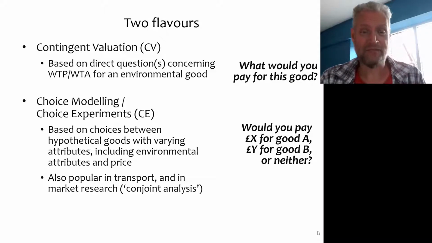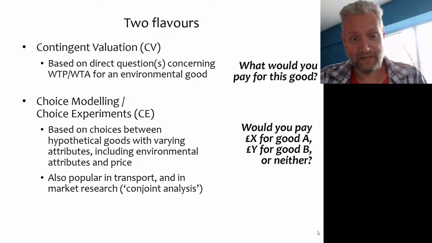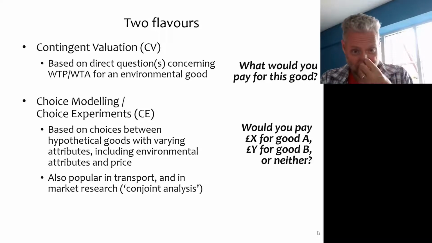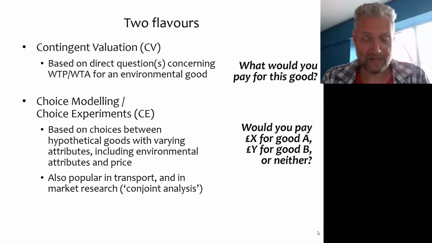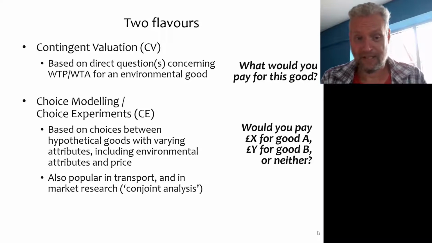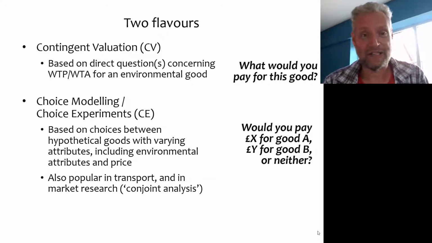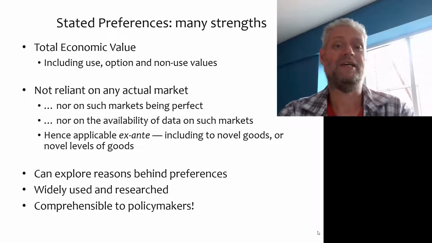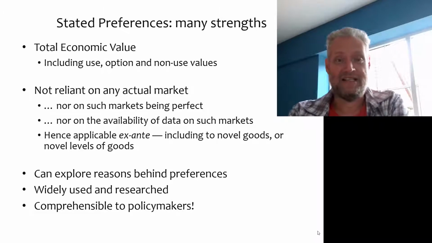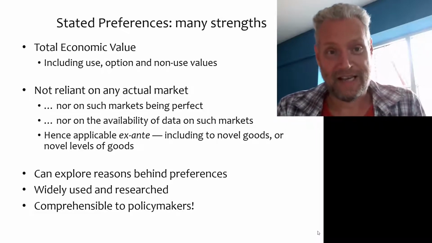So that is the big difference between contingent valuation, a voluntary contribution to a cause, versus a choice between alternatives. Choice modeling is popular in transport research and in market research as well, but then comes under the name of conjoint analysis.